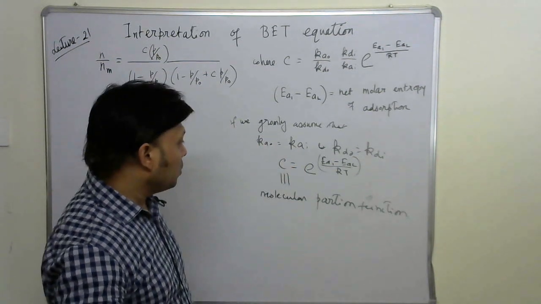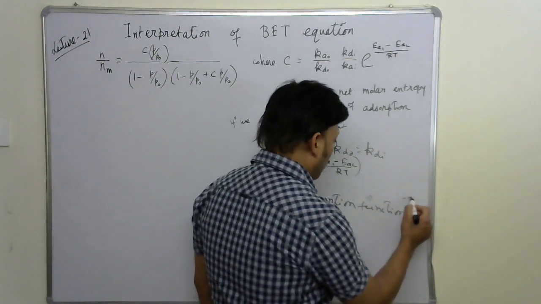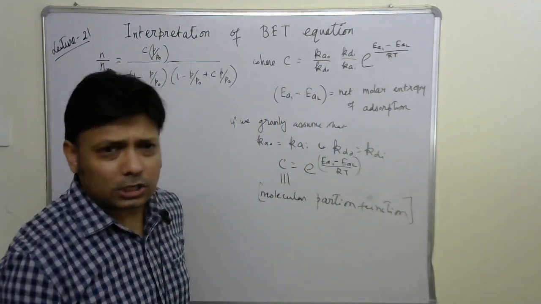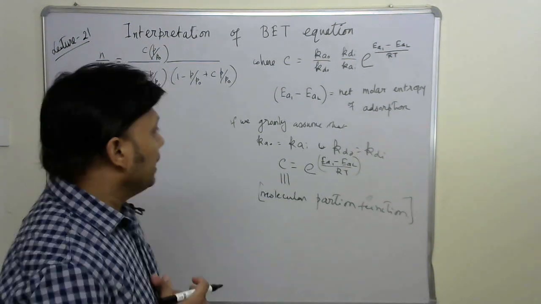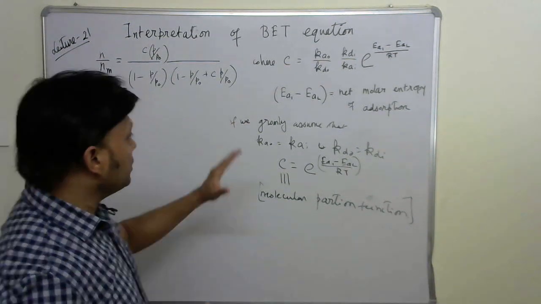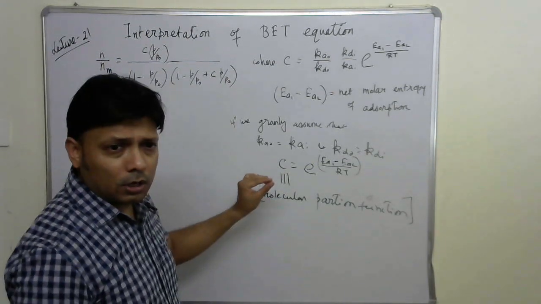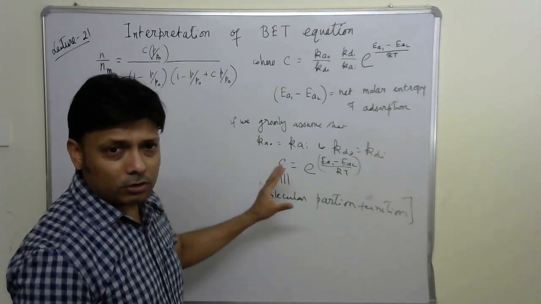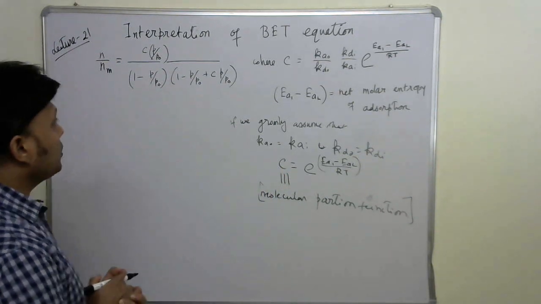All right, so C actually signifies a type of molecular partition function, just like any other partition function of any solute. So this is the interpretation of the constant C, and this is one of the most important constants in terms of adsorption.